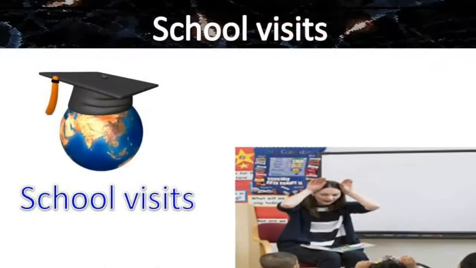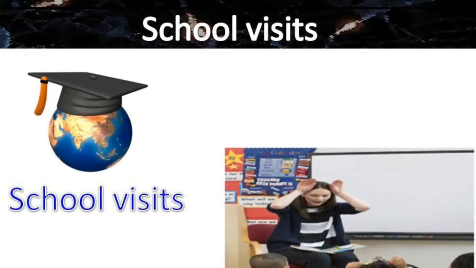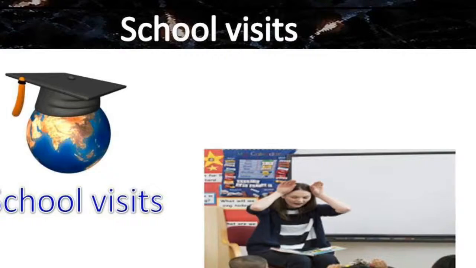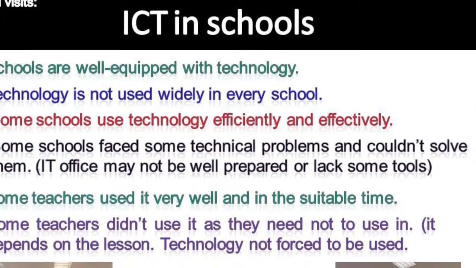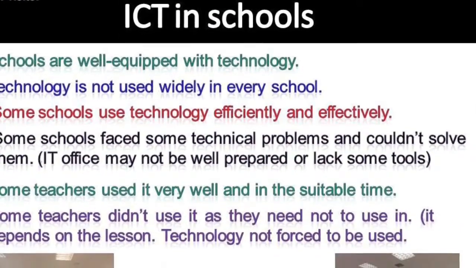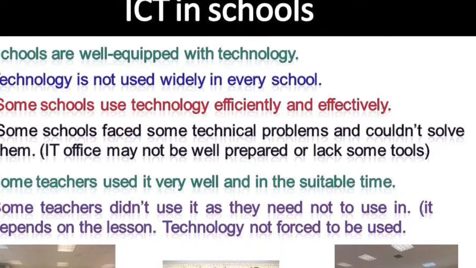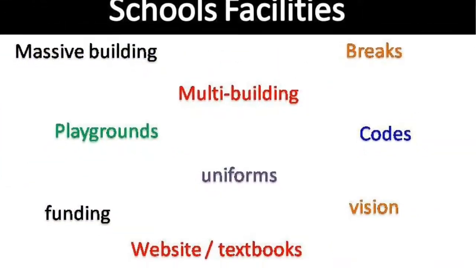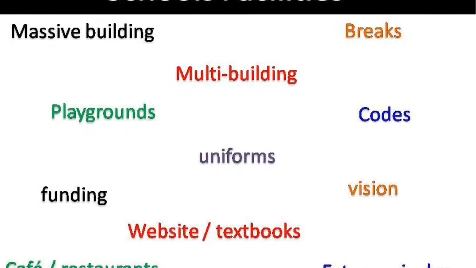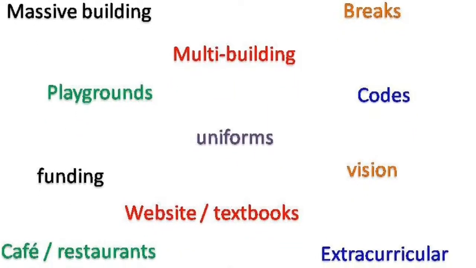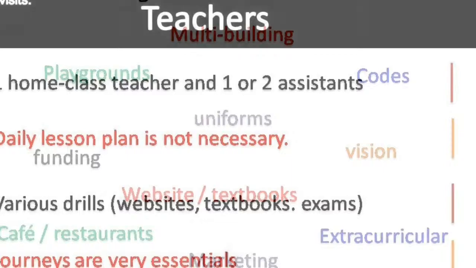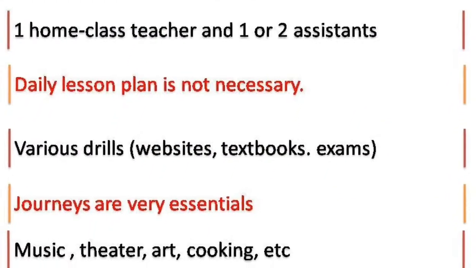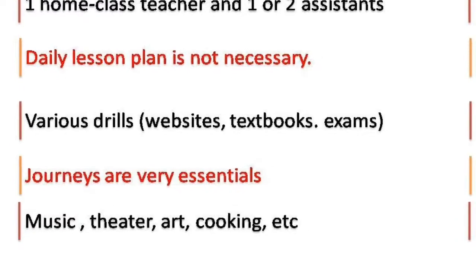Concerning our school visits in the UK, we visited 5 schools. We were 5 groups, and we were watching all the facilities of the school concerning the devices, teachers during the classes.